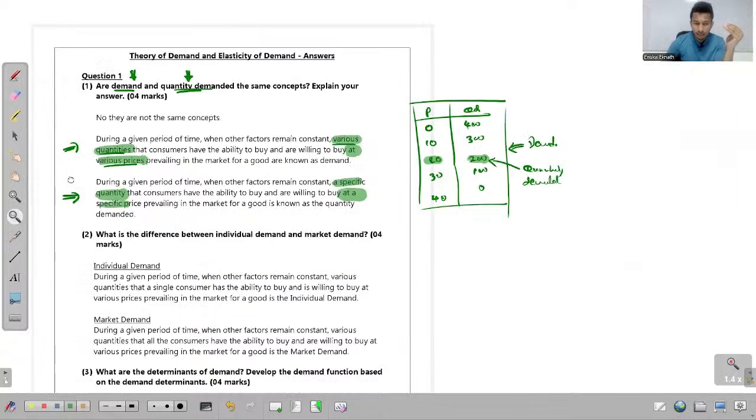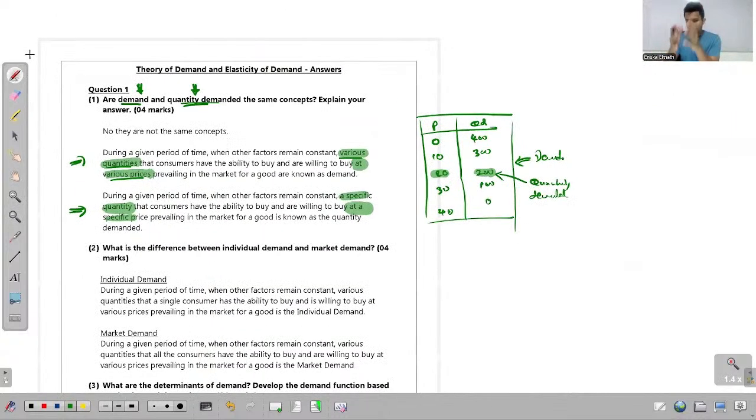When it comes to the demand, it's about the various quantities at various prices, whereas the quantity demanded presents a specific quantity that is coming under specific price. So this highlighted 200 here is the quantity demanded under the price rupees 20. And this entire table presents different quantities at different prices, so that we say that this entire table presents demand. So that's about the first question.